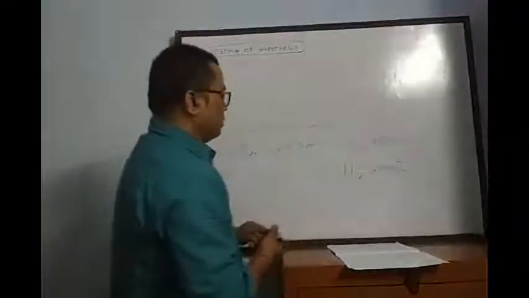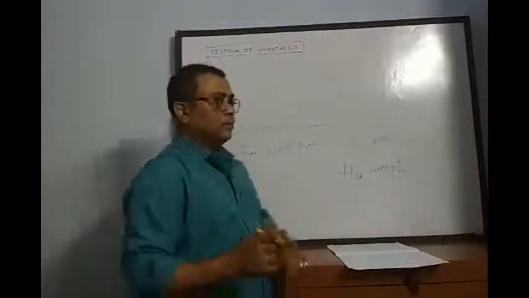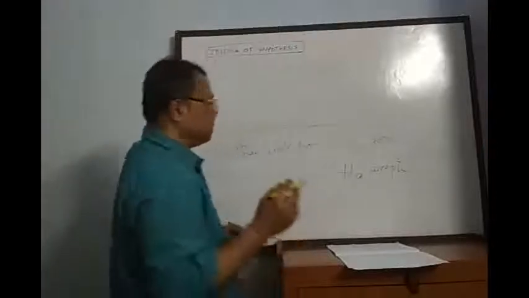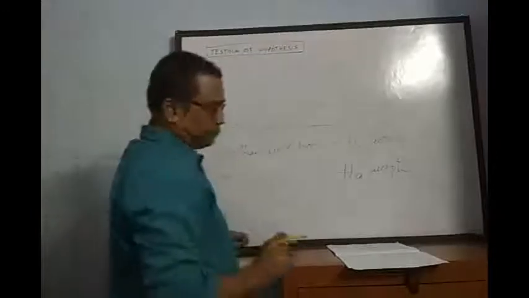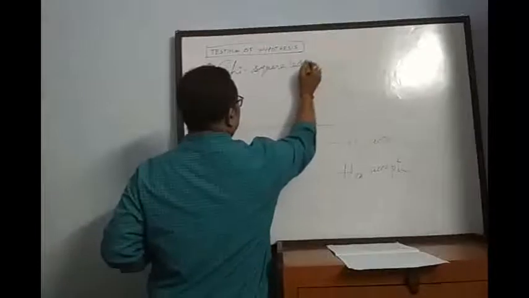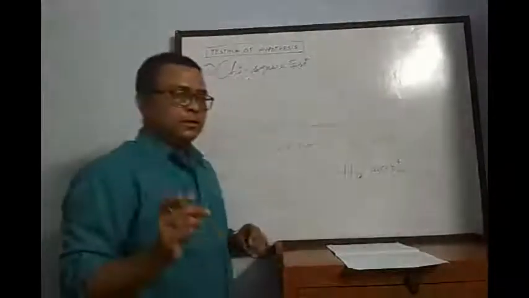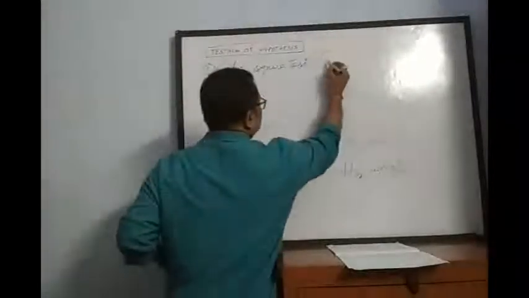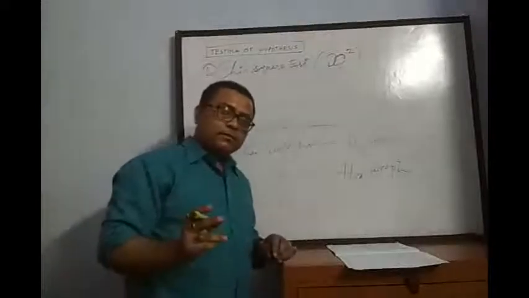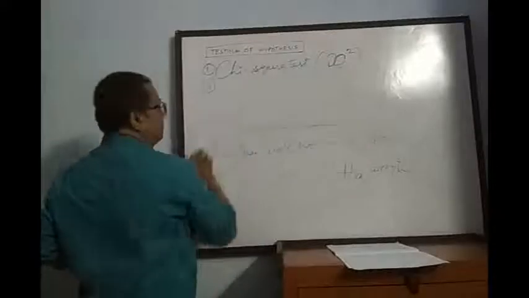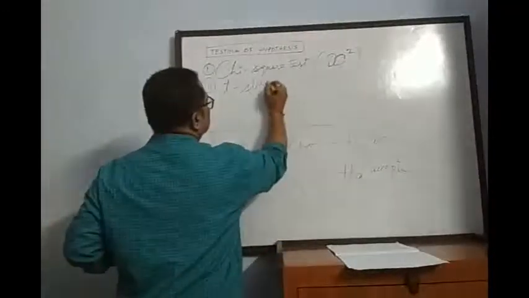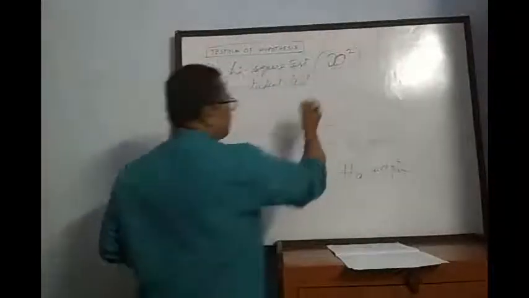Now students, this level of significance we can test. The methods of testing the level of significance are as follows. Number 1, chi-square test. Number 2, T student test, or in short we can say T test.